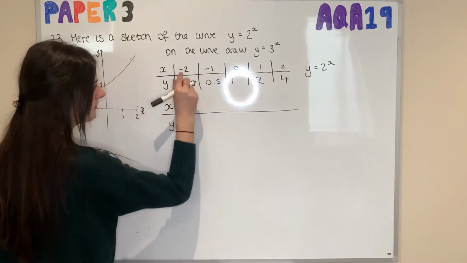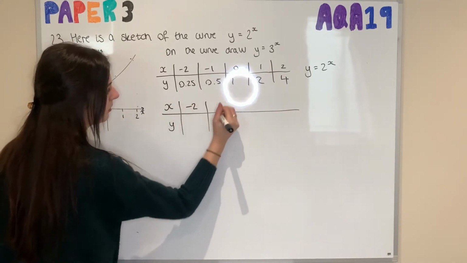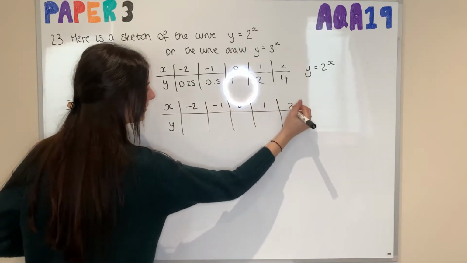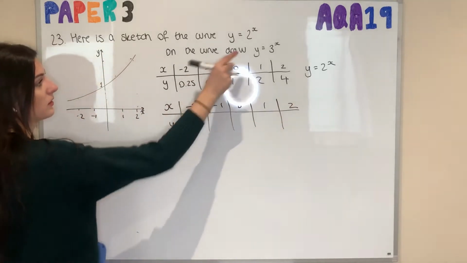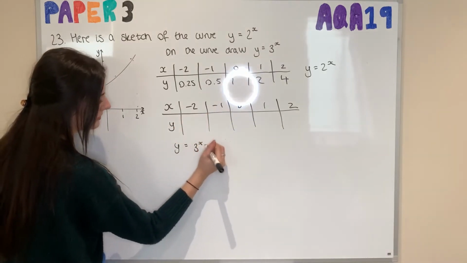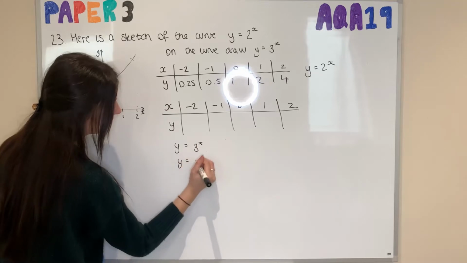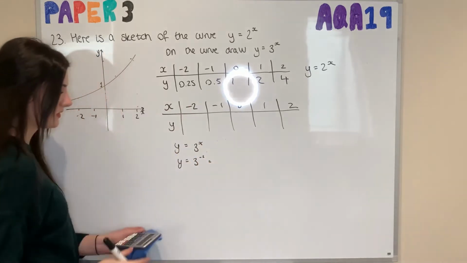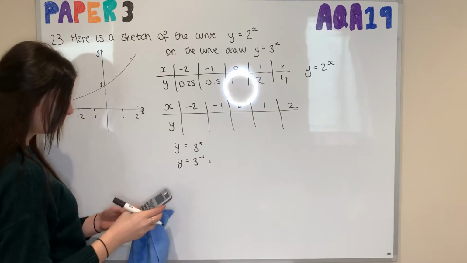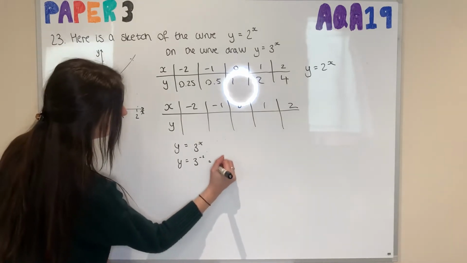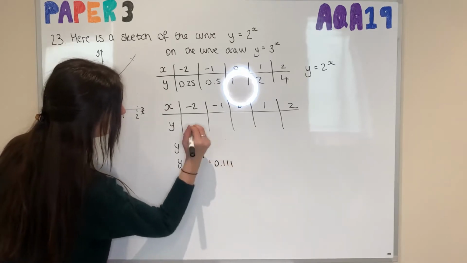We'll use the same values for x, so -2, -1, 0, 1, and 2. So again, we use this equation this time. Y equals 3^x, we substitute x as -2. And this gives us a value of y of 0.111.